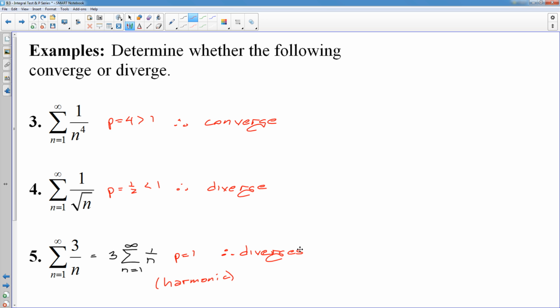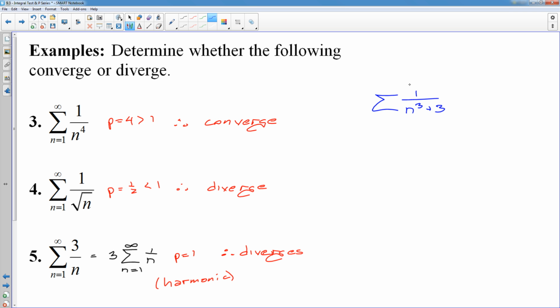A few minutes ago, I stumbled over my words and hesitated, and there was an awkward few seconds of silence. I was going to point out that P-series are specifically 1 over, or a constant over, n to the 4th with nothing else in the denominator. So if you have something like 1 over n cubed plus 3, technically that's not a P-series because of the plus 3. We'll have to use a method called direct comparison to see what happens with that.